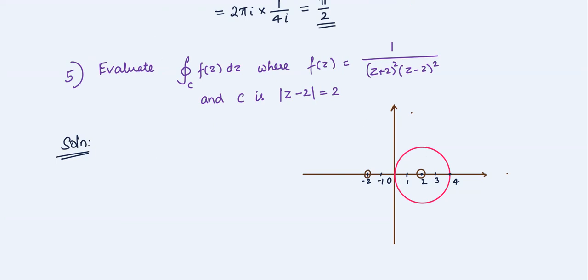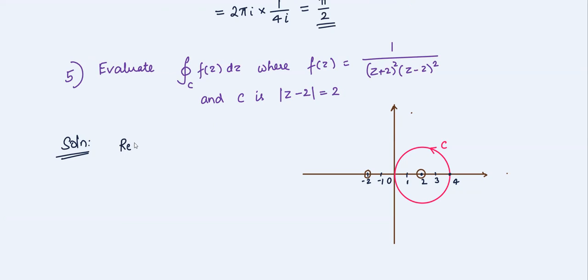So now for this path, we don't require minus 2. We just need to find the residue.